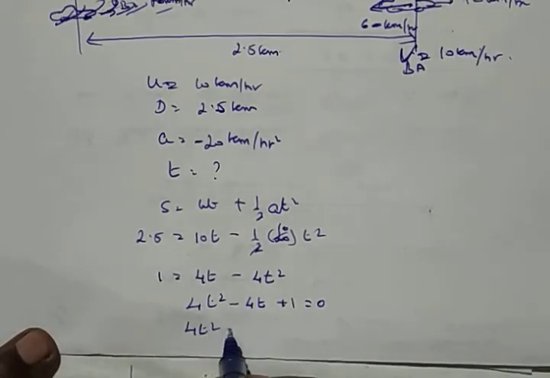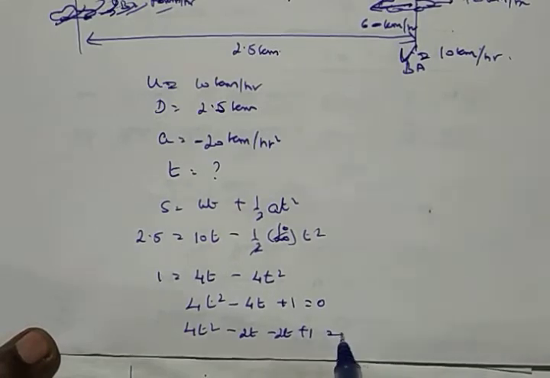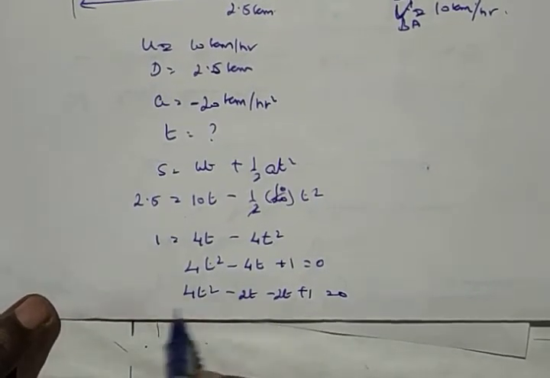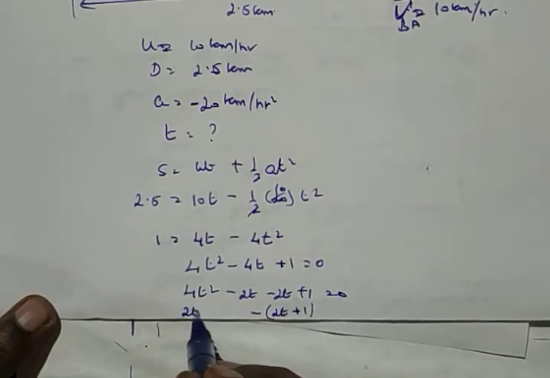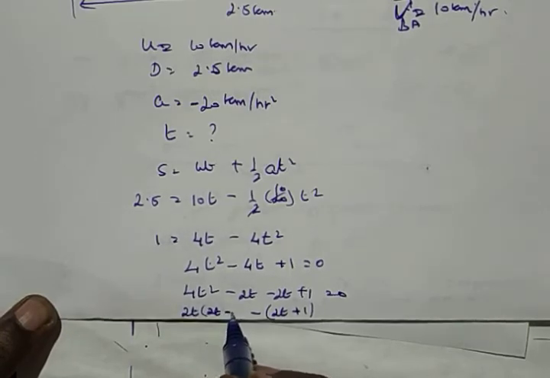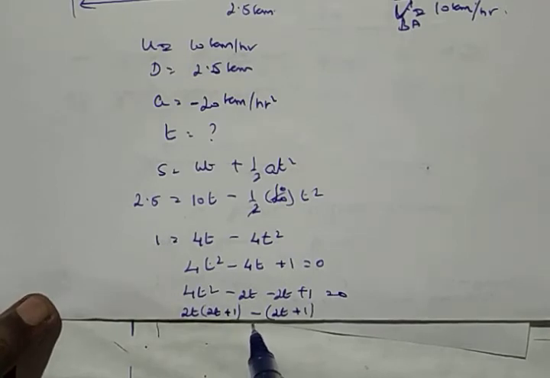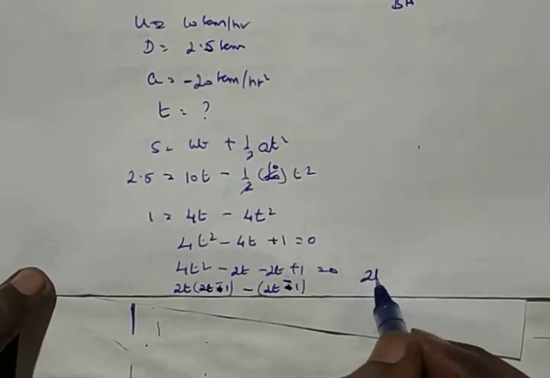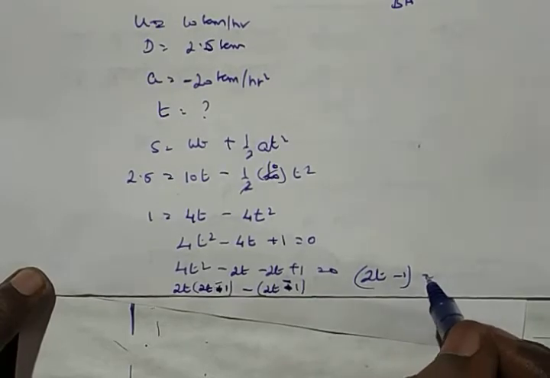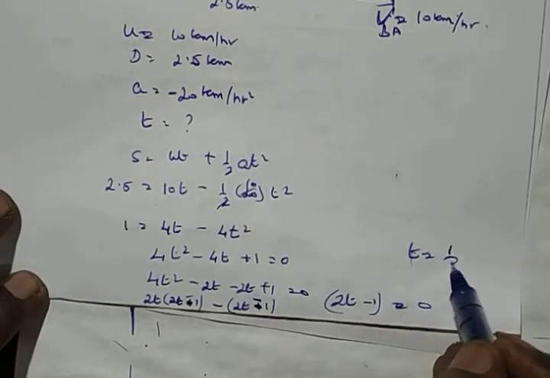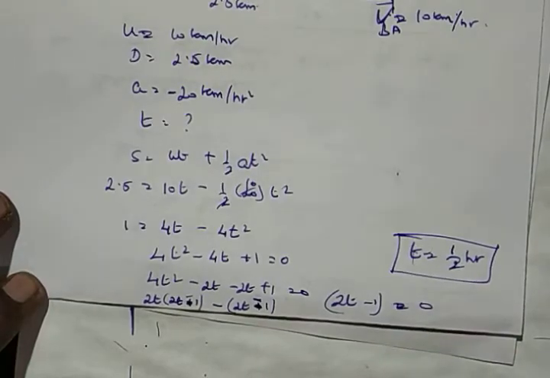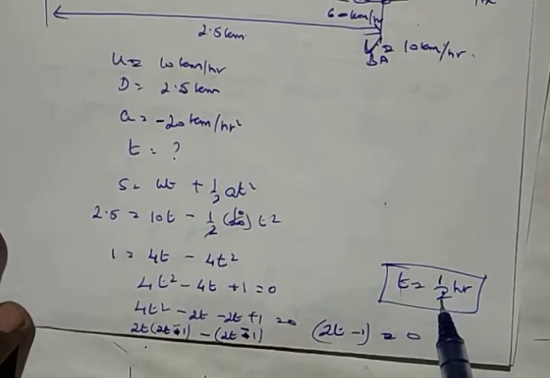You can separate into terms: 2t minus 1 times 2t minus 1 equal to 0. So 2t minus 1 will be the answer, which is equal to 0. So time is going to be equal to 1 by 2 hours. After half an hour it will meet.